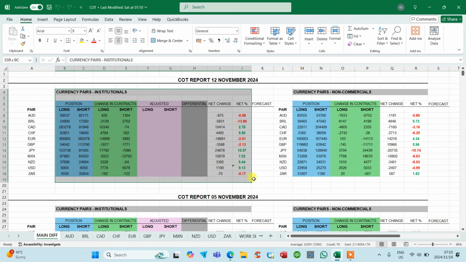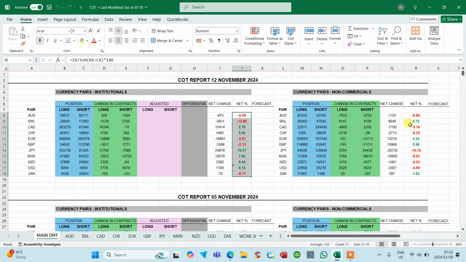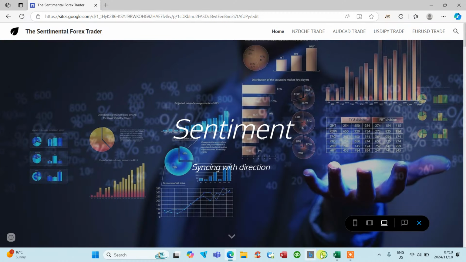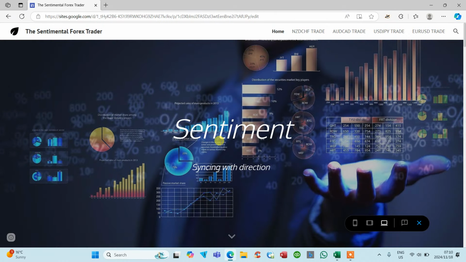So this is the commercials here and the non-commercials, and I use the net change. So this is just part of it. This is where it starts, guys. This data is taken directly from the Commitment of Traders report. So there's long, short. These are the number of contracts, and then obviously I work it out to a net change. So this is a very logical formula.